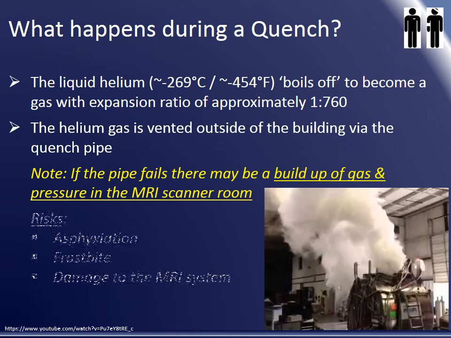Risks of a faulty quench pipe during a quench include asphyxiation due to a decrease in the available oxygen in the room, frostbite due to the extremely cold temperatures of the helium. Another important consideration is the damage to the MRI system and associated costs of repair, as it can often take some weeks or even months to repair an MRI system after a quench.